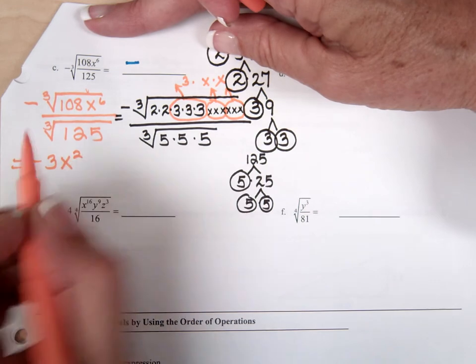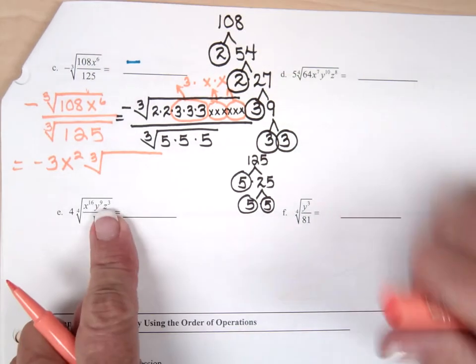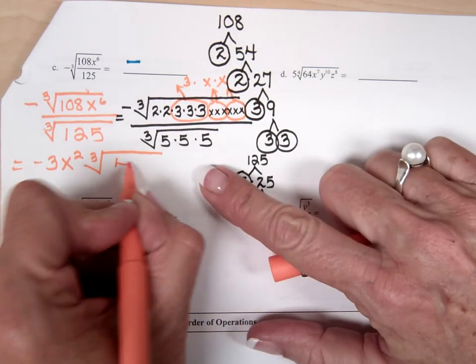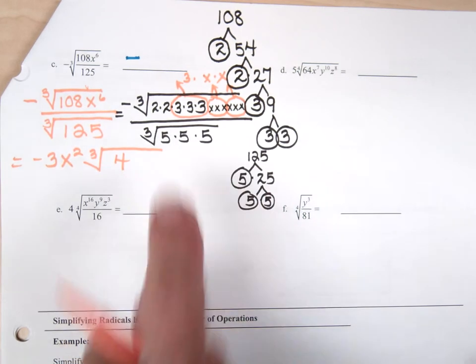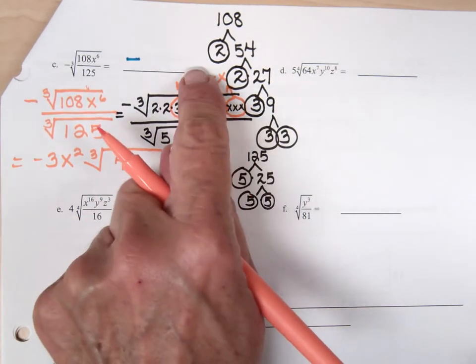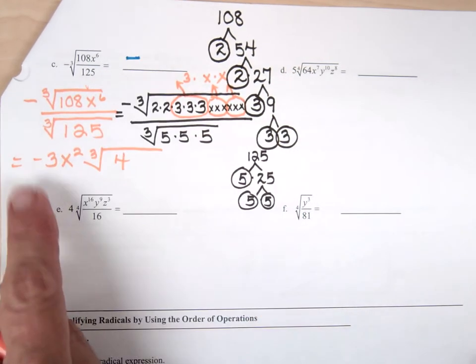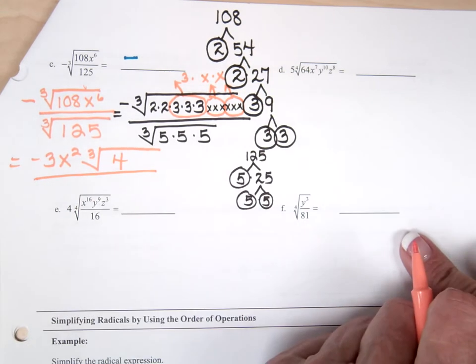And then what's left under the radical? So let's see what didn't get circled. 2 times 2, 4. So that's my new numerator. 3 came out, an x came out, another x came out. I have the negative there, plus I already have it there. And then the denominator, what's the denominator going to be?